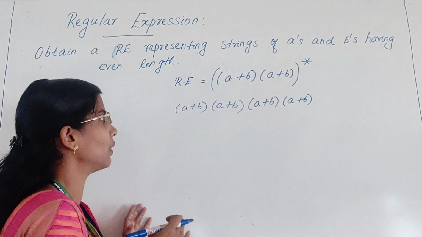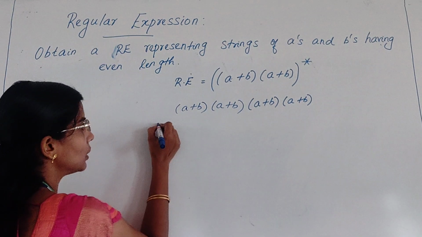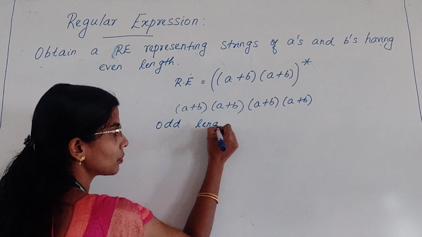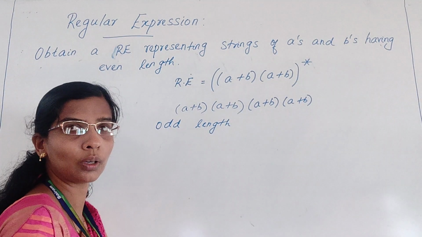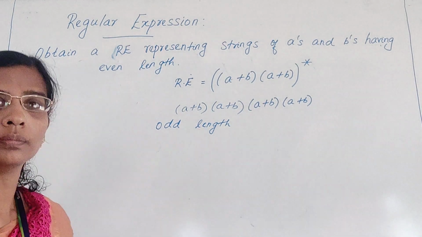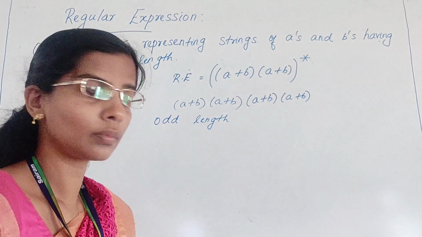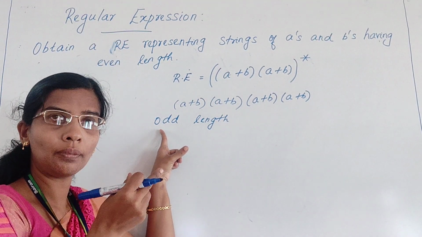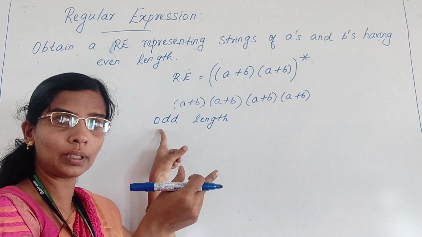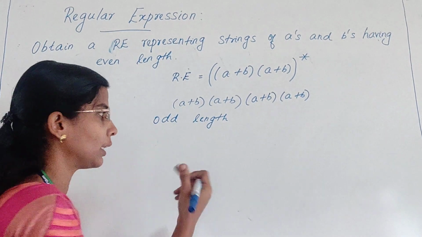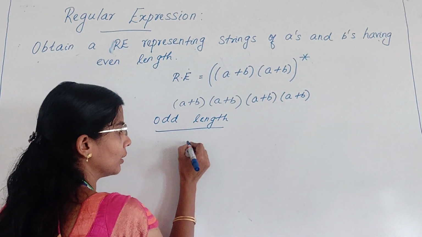Suppose I want strings of odd length, how to do it? For odd length, what should I do? Even length, when multiplied with an odd number, I'll get odd length.